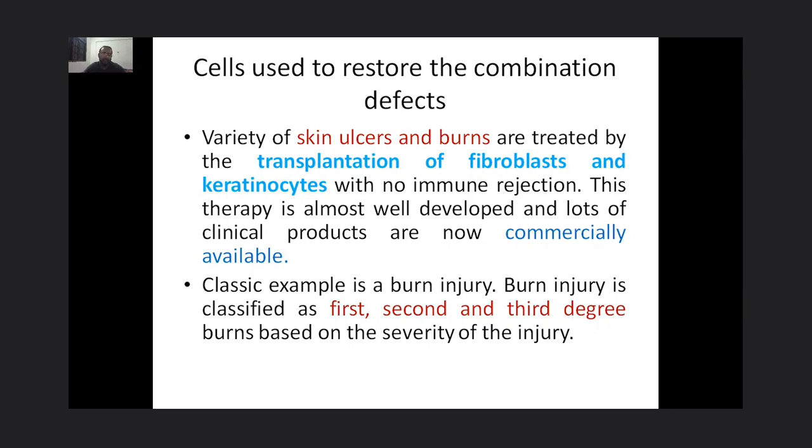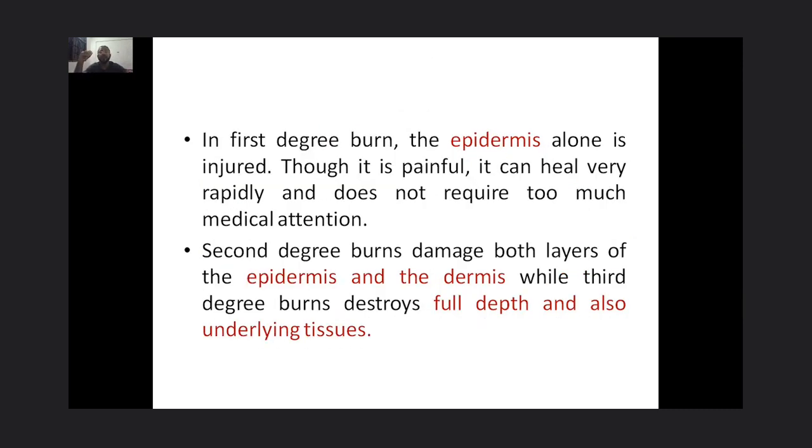Next classic example is the burn injury. You take the burn injury that is classified as first, second, and third degree. First is when the epidermis layer is burnt, the second is when the dermis layer is burnt, and the third degree is when the lower layers of the skin, everything, is almost burned. That will be a very severe injury. So the first degree burn, what happens? Epidermis alone is injured. Though it is painful, it can heal very rapidly and does not require too much medical attention.